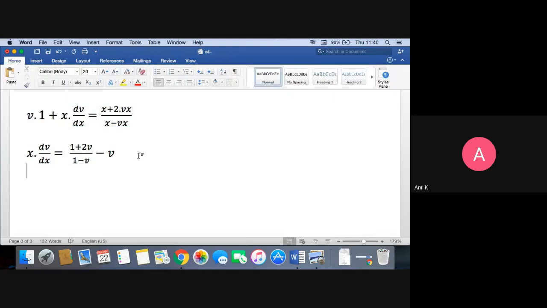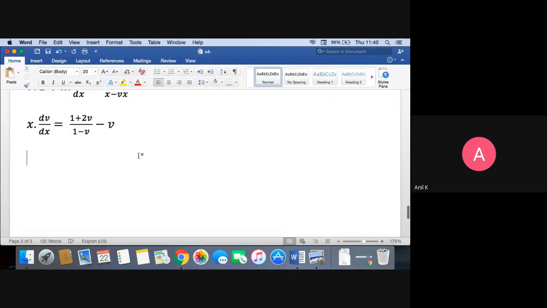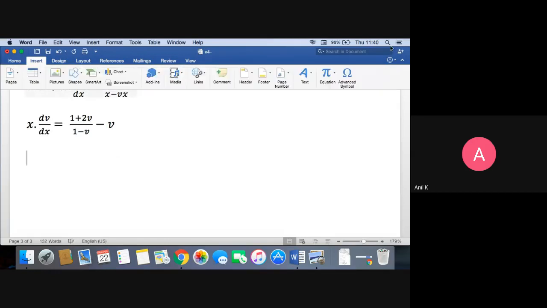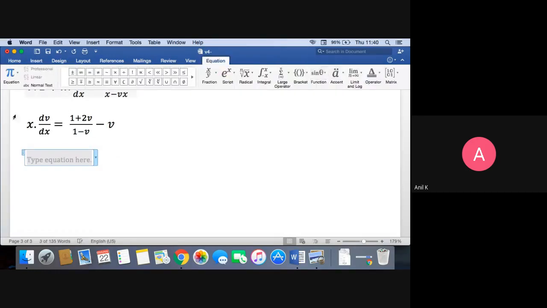Now let's see how and what will change. I can take the LCM in the RHS side. That means your LHS is going to remain the same for the time being. So here you have x dv by dx equals to, if I take the LCM, LCM is going to be 1 minus v.